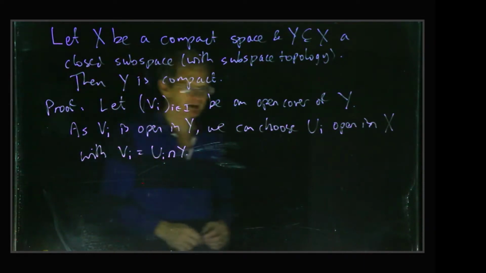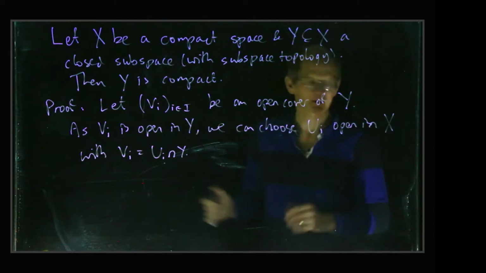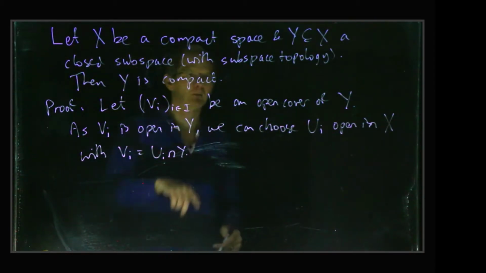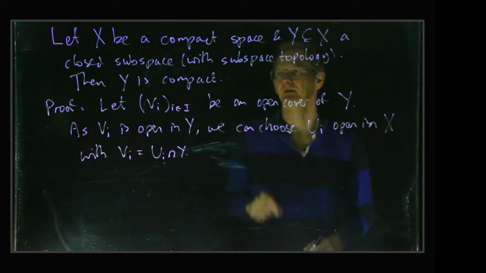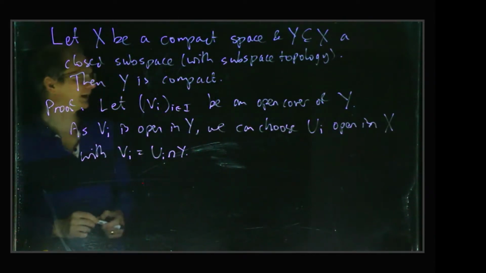Well, no, it isn't. We know that the U_i will cover Y, but Y might only be a tiny part of X, and we haven't said anything about covering anything else. But we've got this other assumption that we need to use somewhere, that Y is a closed subset. That's the same as saying that X less Y is open.